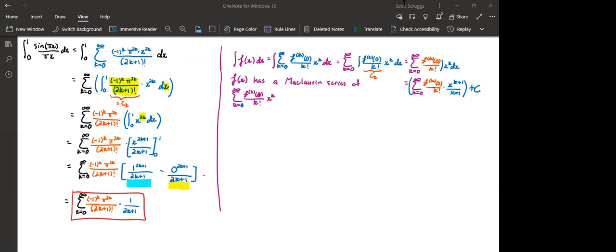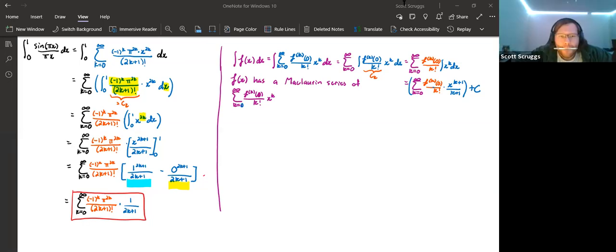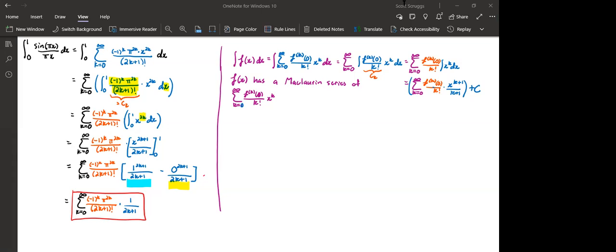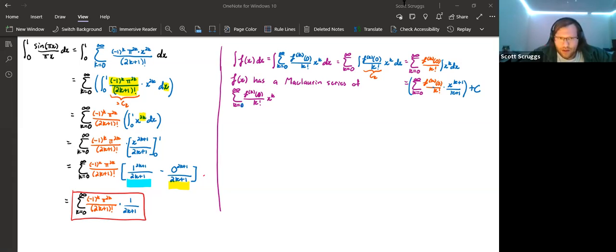Okay. For that, our answer down at the bottom, is that us finding the Maclaurin series that fits our sine of x? Is that basically the answer? Right. That series that we got as our answer is representing the Maclaurin series for the integral of sine of pi over x times pi over x if I was to integrate that from 0 to 1.